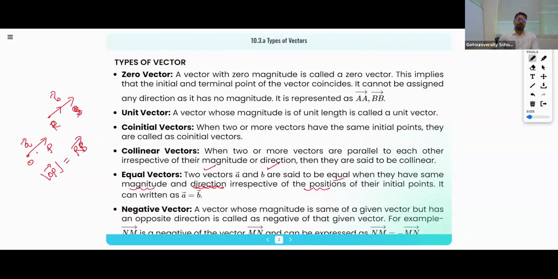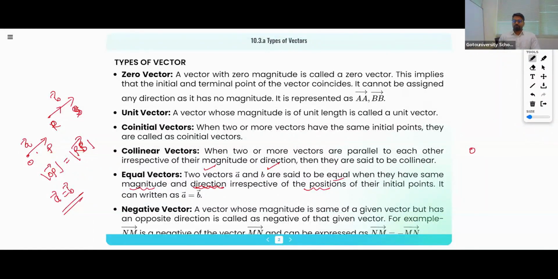Also, the direction of OP should be equal to the direction of RS. Then such vectors are called equal vectors. That means if two vectors are equal, their magnitude should be equal as well as their direction should be equal. Only then can we call them equal vectors.